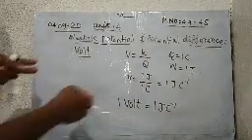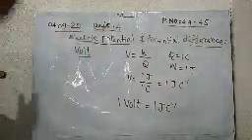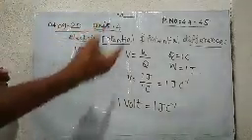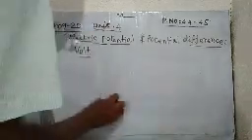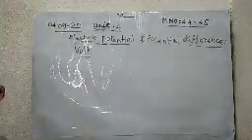That is, if 1 joule of work is done in moving 1 coulomb charge from one point of the conductor to another, then the potential difference between the 2 points of the conductor is defined as 1 volt.